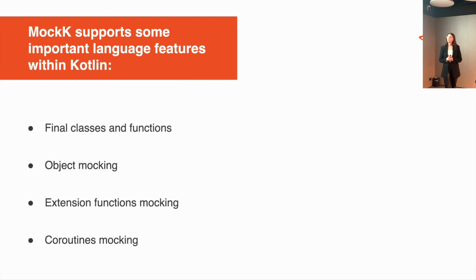So when we say that MockK is good for Kotlin, we actually mean that it supports some of the most important features that Kotlin offers. For example, Kotlin specifics like final classes and functions. We all know that in Kotlin, all classes are final by default.